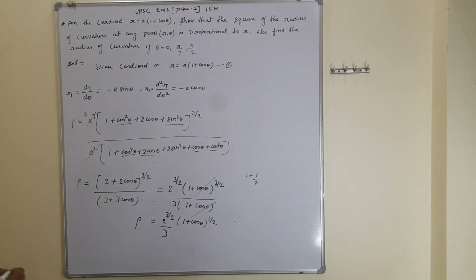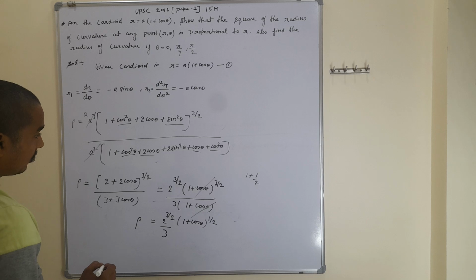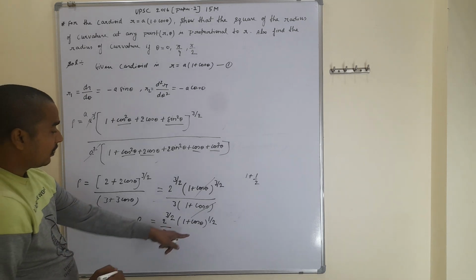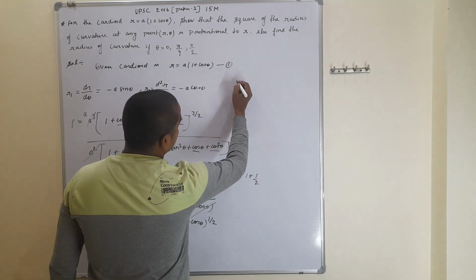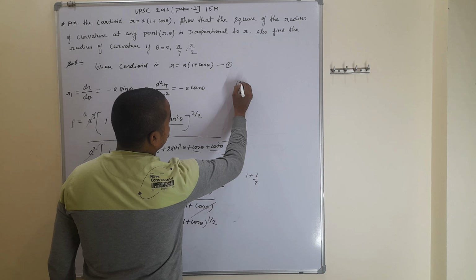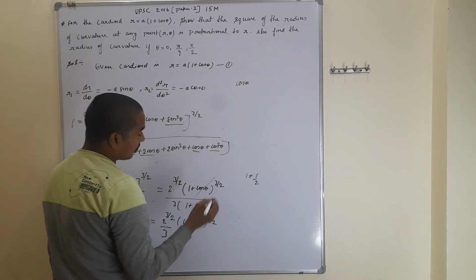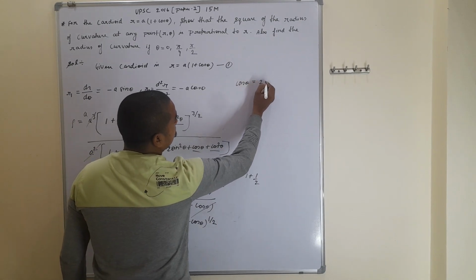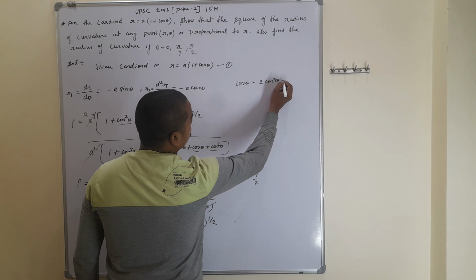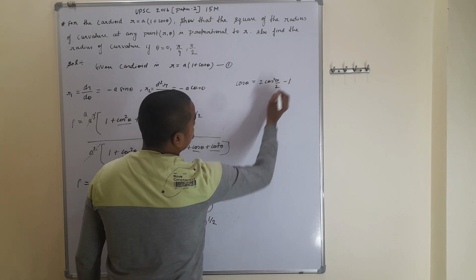We have to find the radius of curvature. Putting the value of cos theta, cos theta is equal to 2 cos square theta by 2 minus 1.